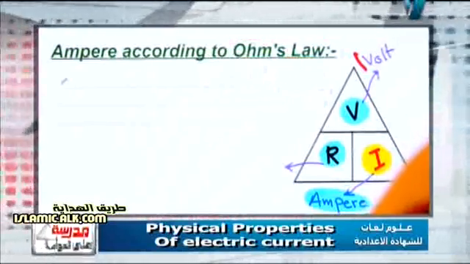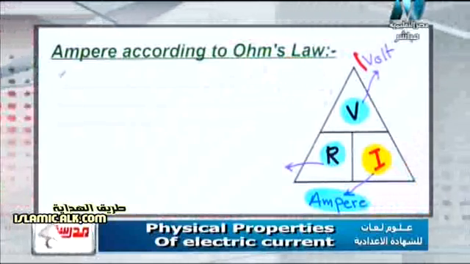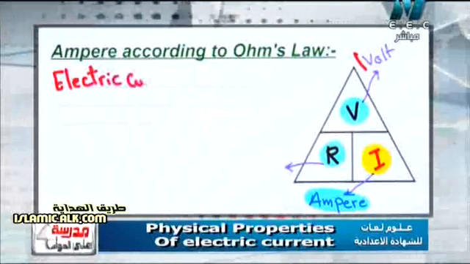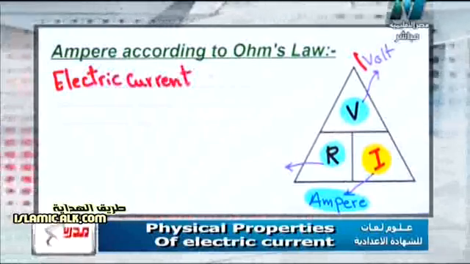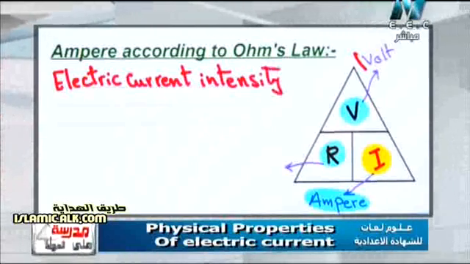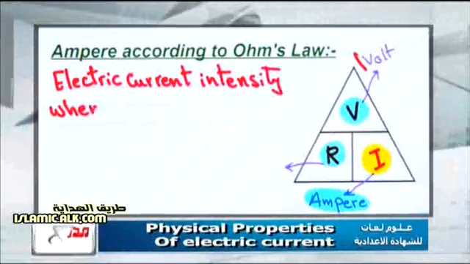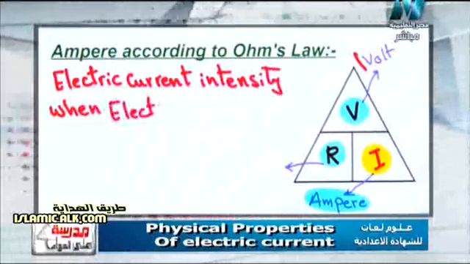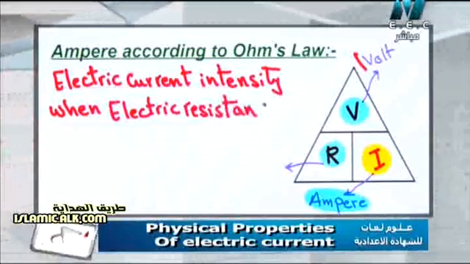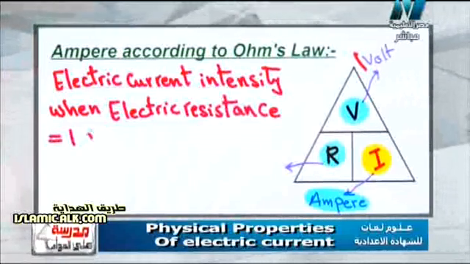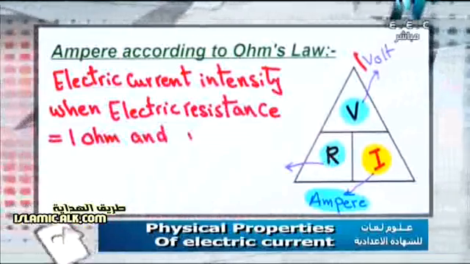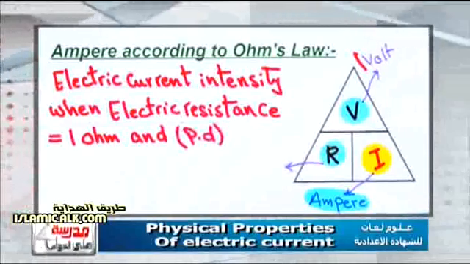Ampere, it is the electric current intensity when electric resistance equals 1 ohm and potential difference equals 1 volt.